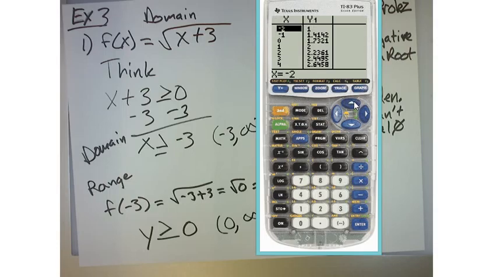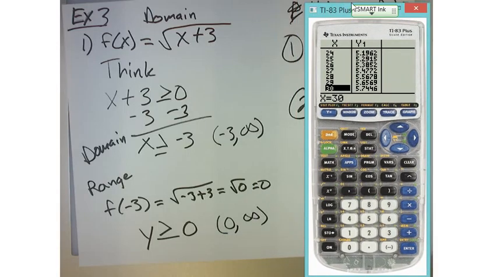Once I get to -3, no more function. Now, if this is the lower boundary of the function, and we'll talk more about that tomorrow, I could see clearly by looking at the table of values, x will increase forever, as will y. So basically what I've written down on my paper is correct. Are there any questions?